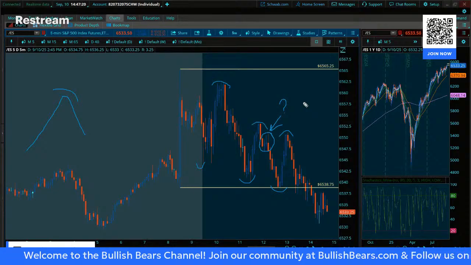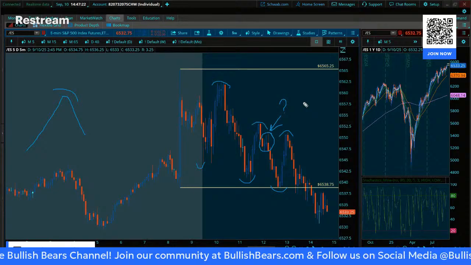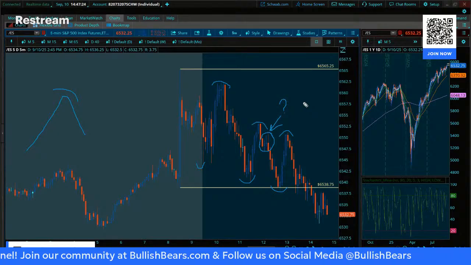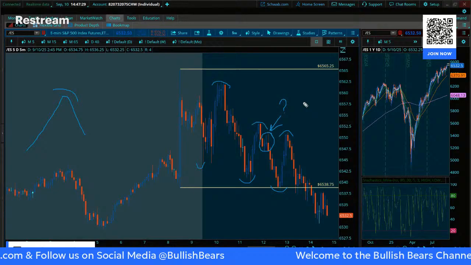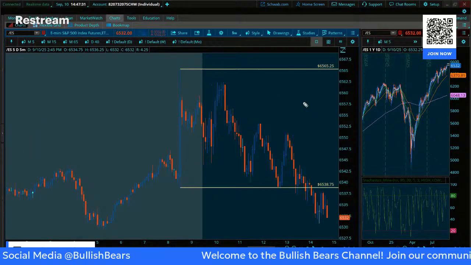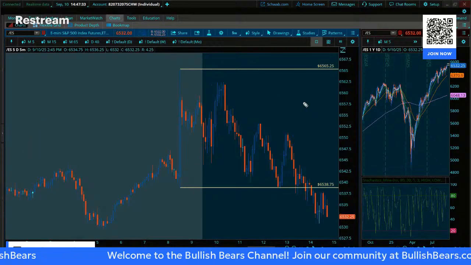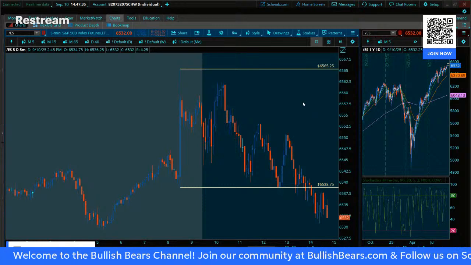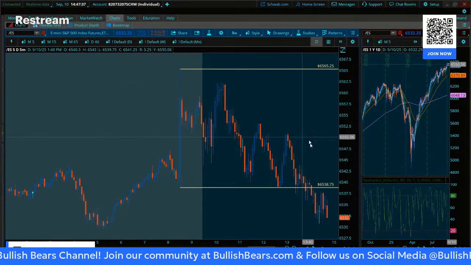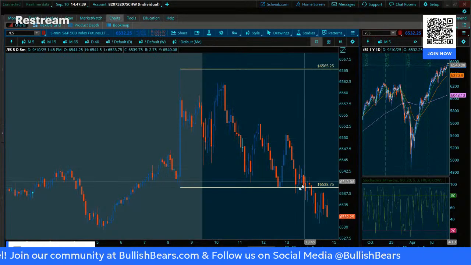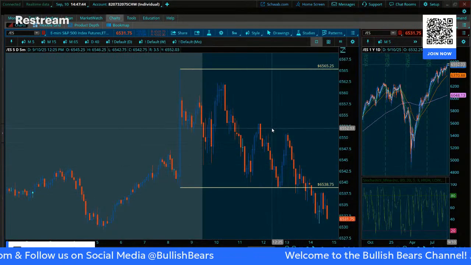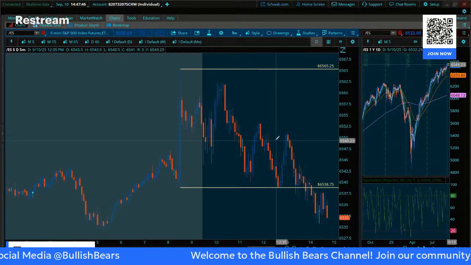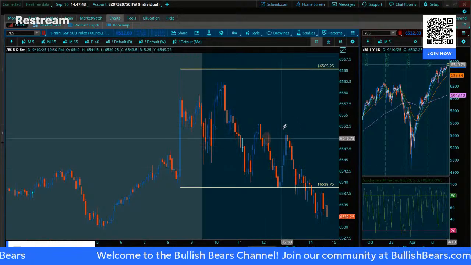You have to decide for yourself if you're going to define that as a pullback with enough merit to register as a pivot point. And the textbooks won't give you a good answer either. So if I was counting these with lower highs and lower lows and trying to define where my pivots are at, what would we do with that?